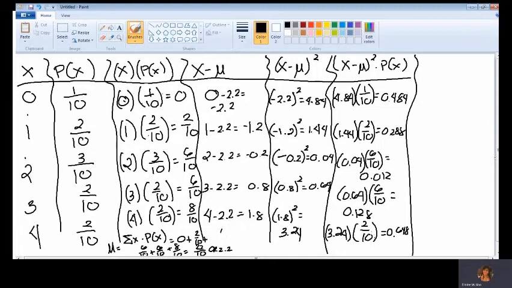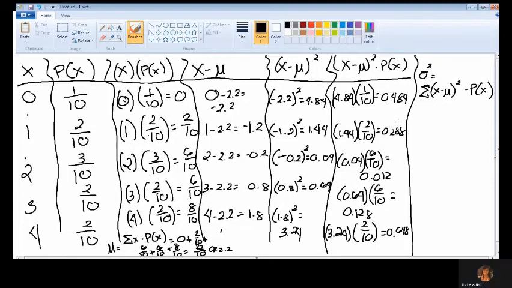So step number 5, get the sum of the results obtained in step number 4. The result is the value of the variance. So here's the formula for our variance: summation of the squared deviation from the mean times the probability of x.